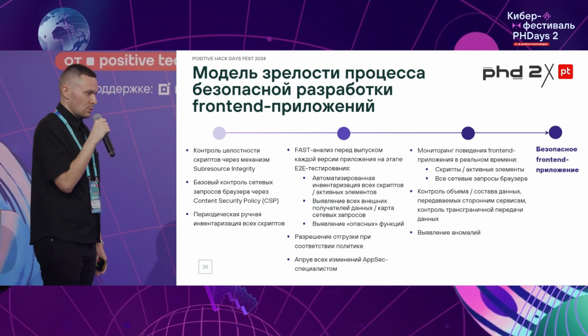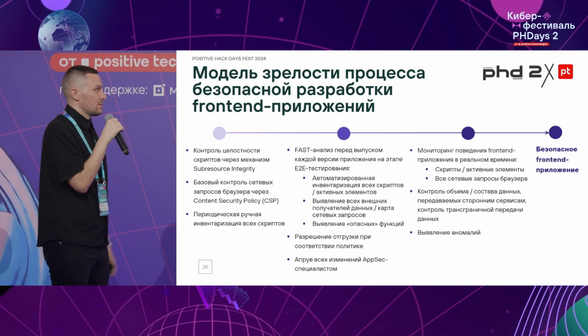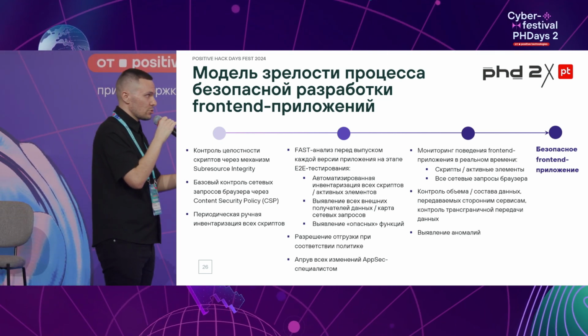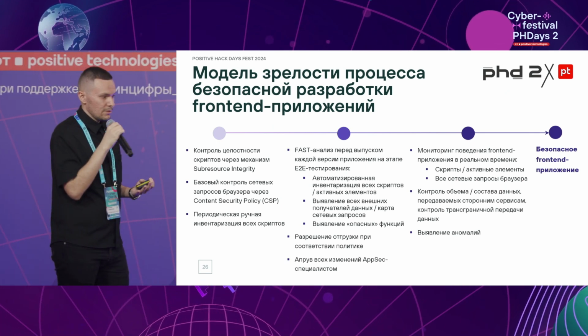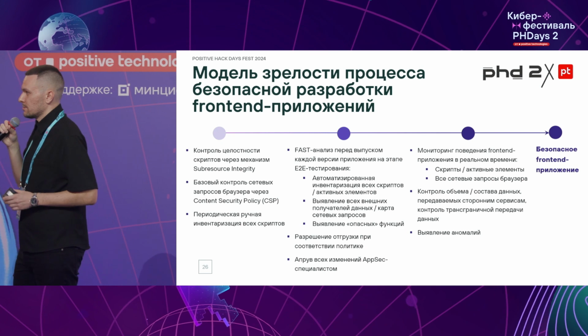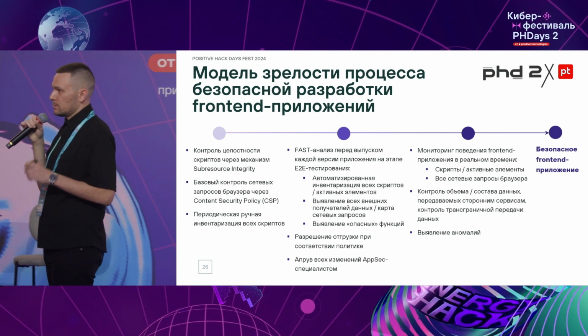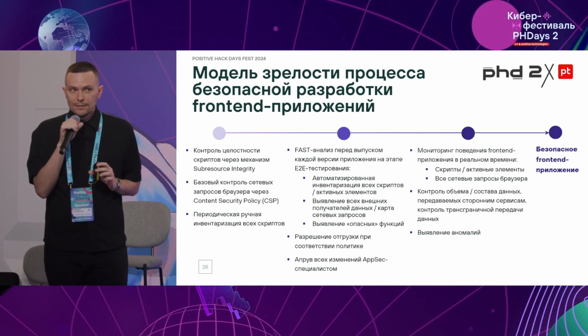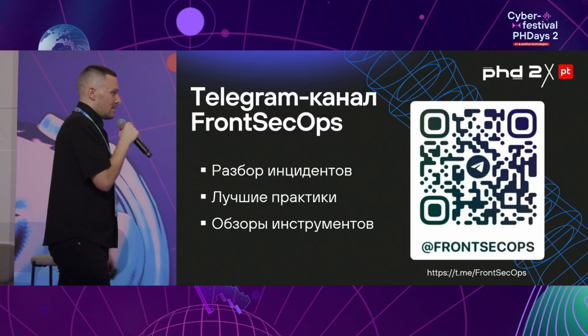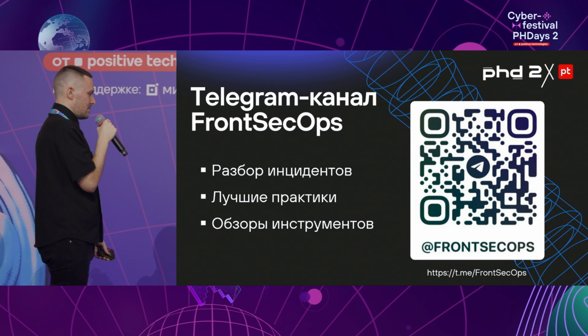Then we go to front-end application monitoring in real-time mode. Everything is the same; we do it in runtime. In addition to that, we can control the data volume that is being received by our partners to discover if somebody violates it.